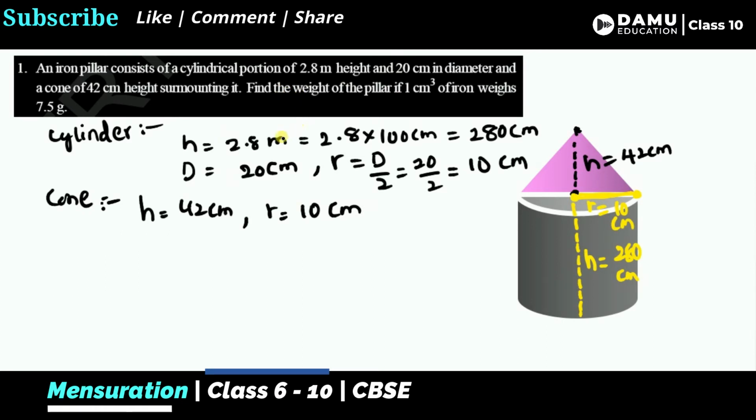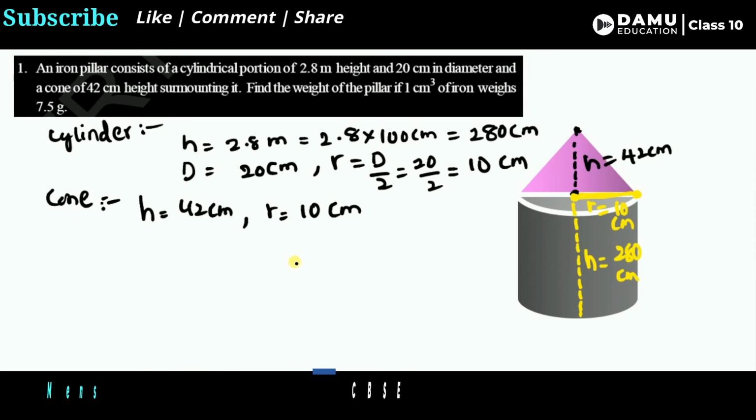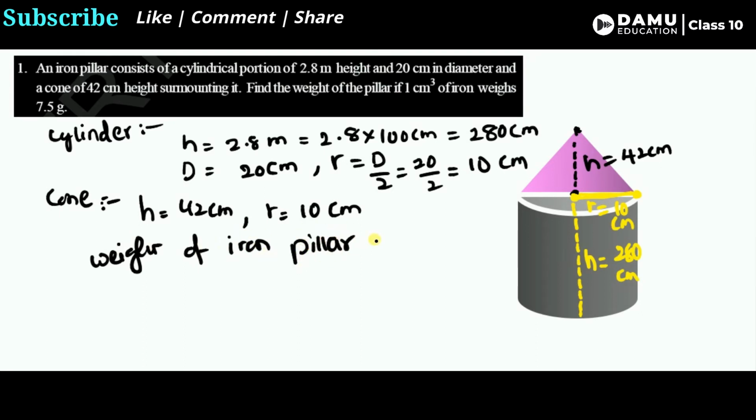So weight means, before going to that, first we have to calculate volumes of two solids, that is cone and cylinder. After that we need to add them, then multiply the final volume by 7.5 grams. So what is the weight of the pillar? For 1 centimeter cube it is 7.5 grams.